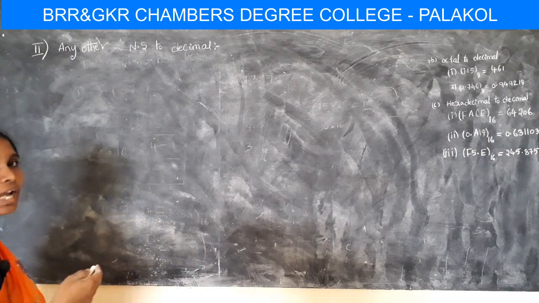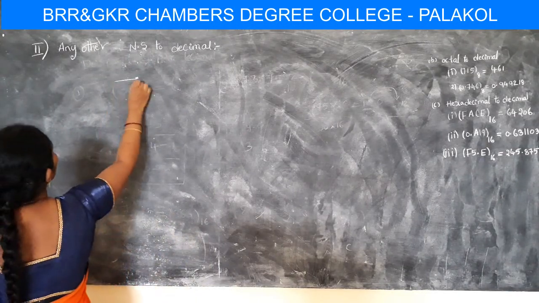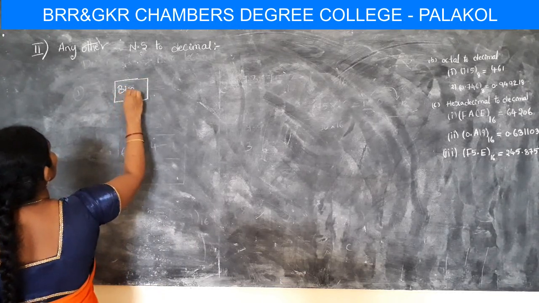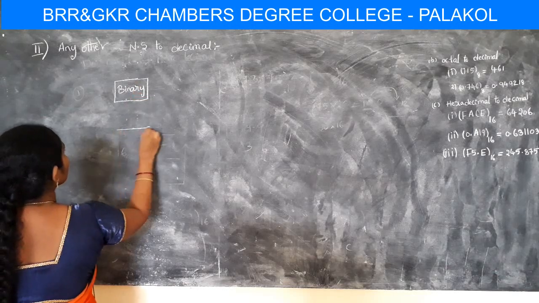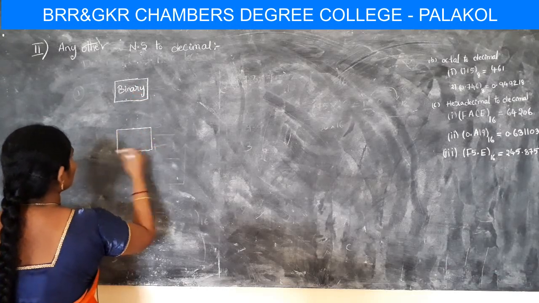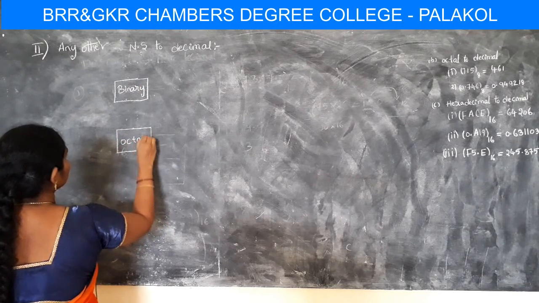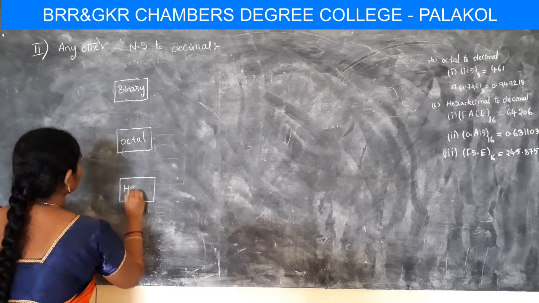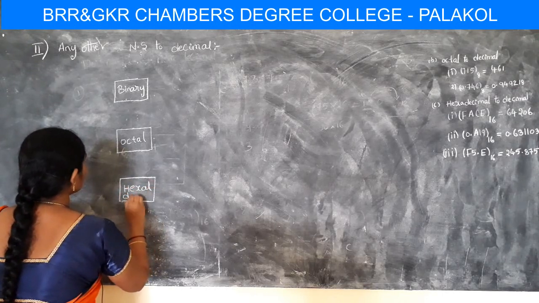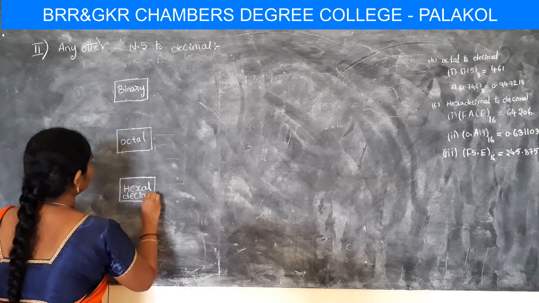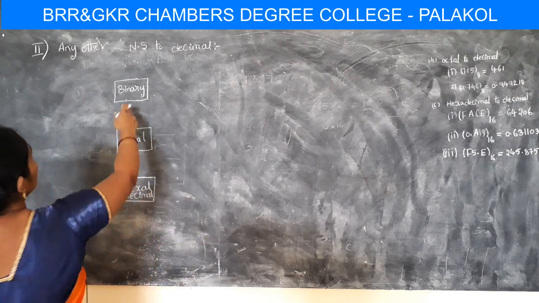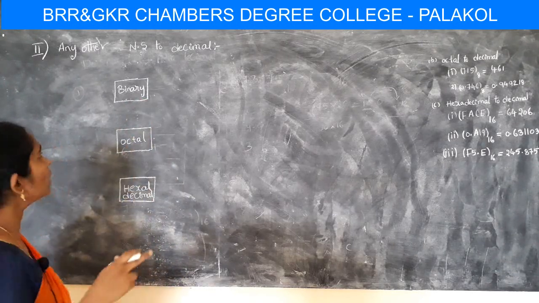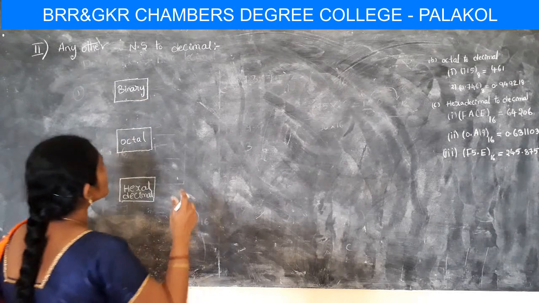So the other number systems are binary, octal, and hexadecimal. These number systems are converted to the decimal number system.